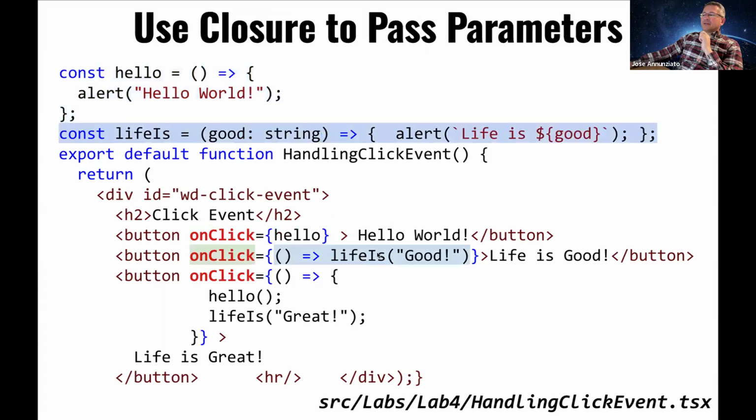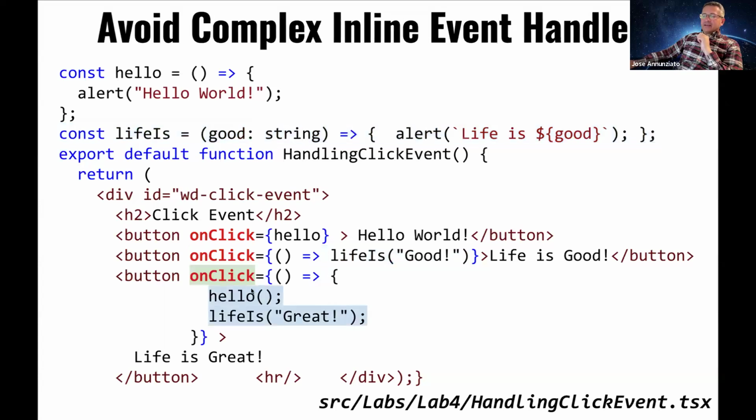When we click on the life is good, it invokes life is good passing the string. And then we have this inline implementation where we have a more complex set of statements inside of the event handler, implemented inline with the onClick attribute.